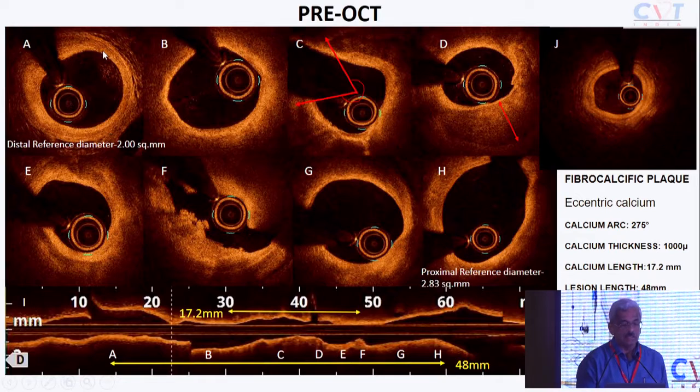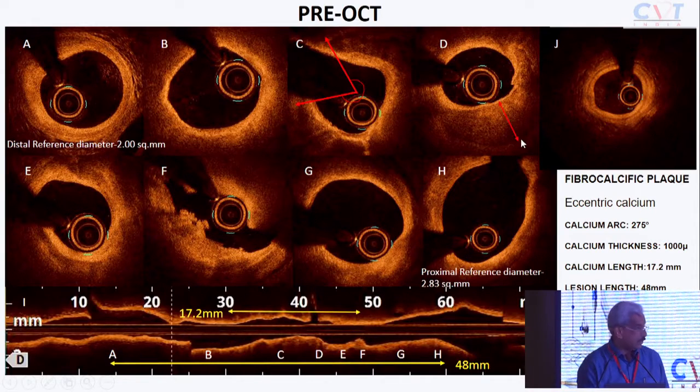You can see plaque here. You can see level B, where is the lesion. And you can see calcium all around here, 270 degrees at level C. You see D, where is the tight part of the lesion. There is calcification, and the depth is pretty high.